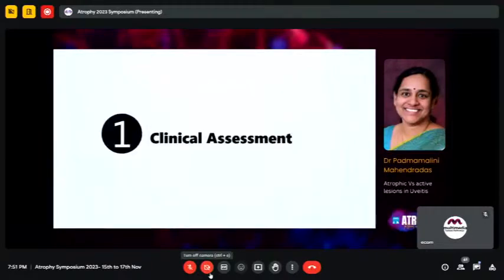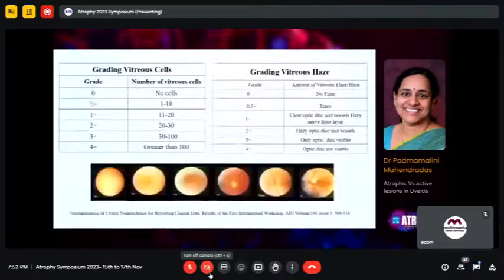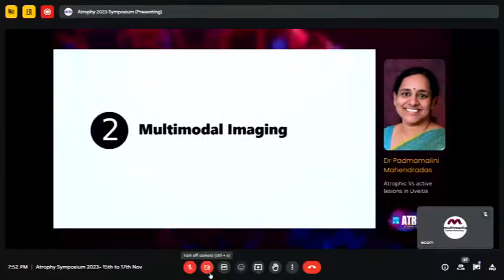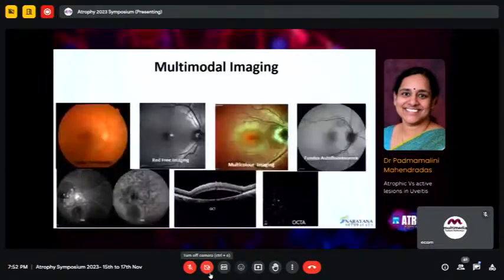For the clinical assessment, posterior segment inflammation is estimated by measuring the amount of cells and vitreous haze in the posterior segment of the eye. Next comes multimodal imaging. Here we have color fundus photography, multicolor imaging, red-free or infrared imaging, fundus autofluorescence, fundus fluorescein angiography to study the retinal circulation, and indocyanine green angiography, ICG, to study the choroidal circulation.